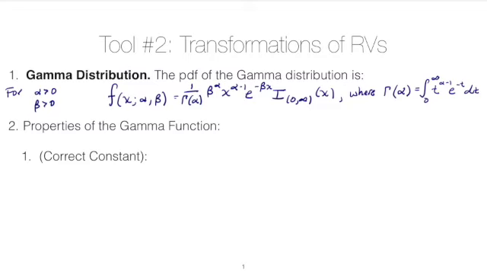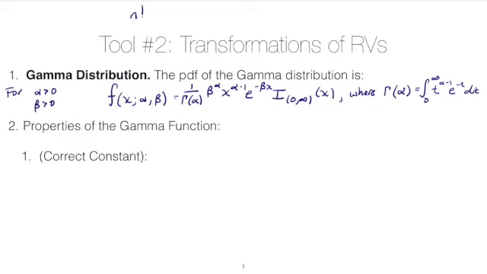And just take note that the gamma function, you can think of it as a generalization of factorial. So remember, factorial is a function that only works on non-negative integers, so 0, 1, 2, etc. But the gamma function holds for positive real numbers.